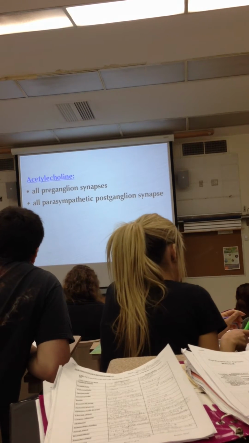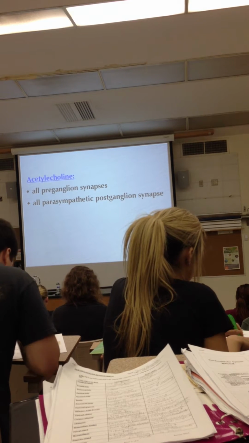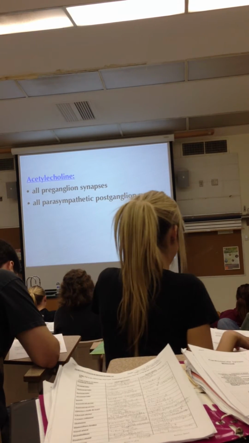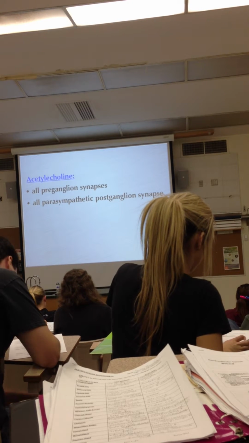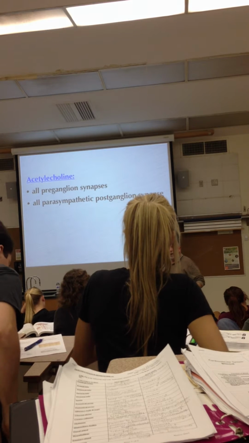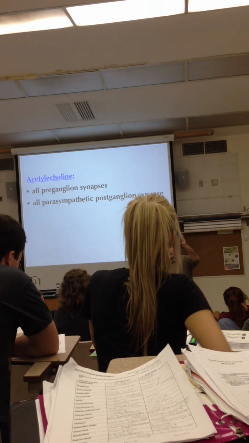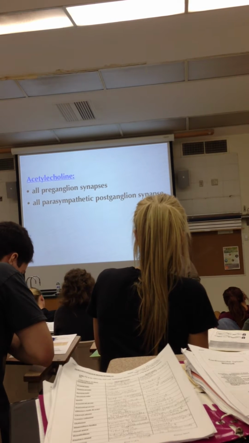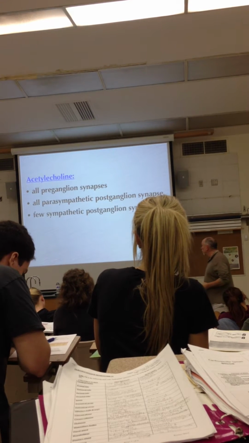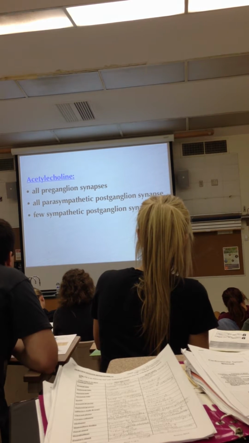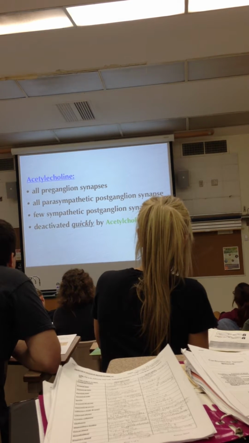The parasympathetic at the organ, the postganglionic nerve to the effector, is all acetylcholine. So one way to look at it is all the parasympathetic is acetylcholine. And the first half of sympathetic is acetylcholine, from the first nerve to the second. Don't worry about this. There's a few sympathetic ganglion that use this. We're not going to look at it.